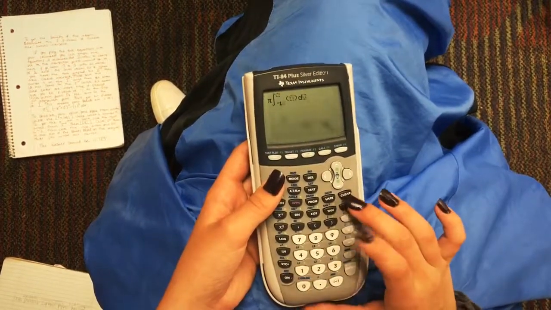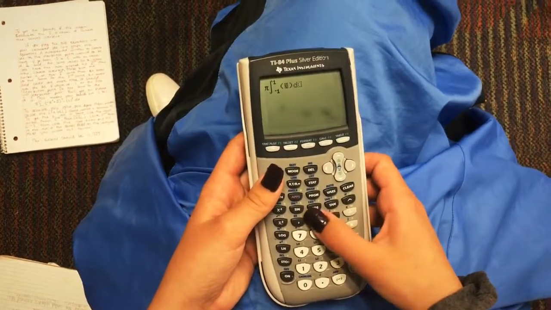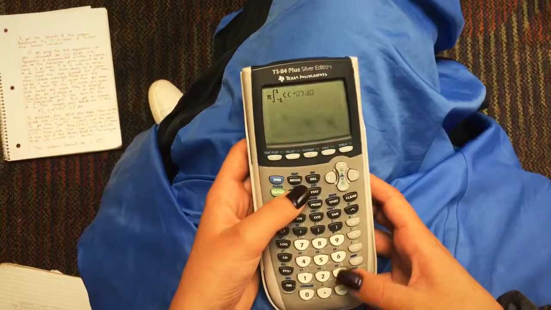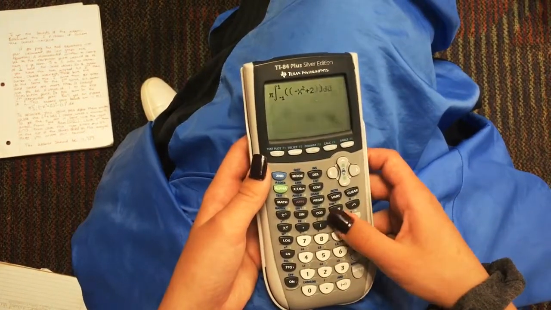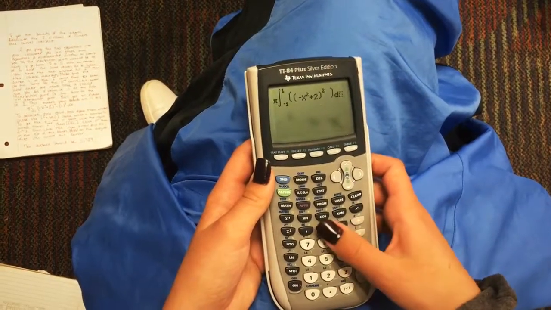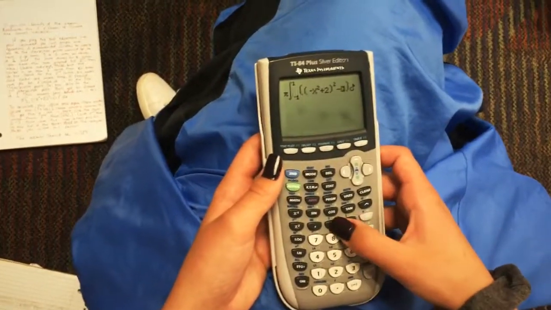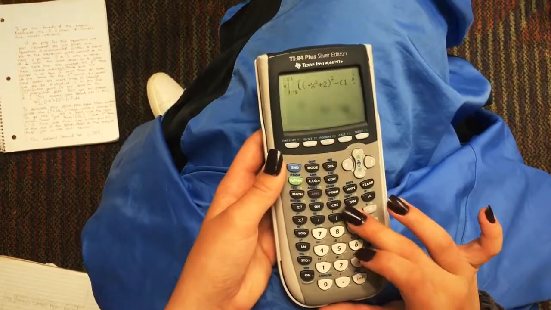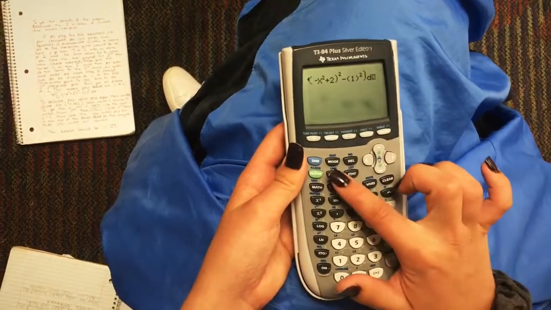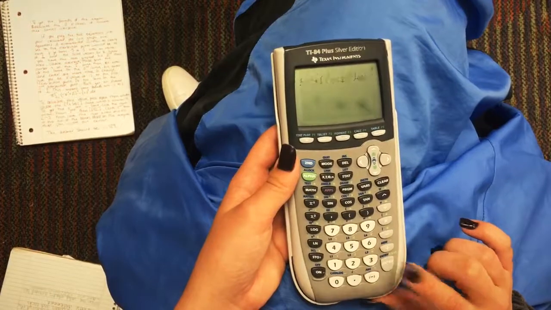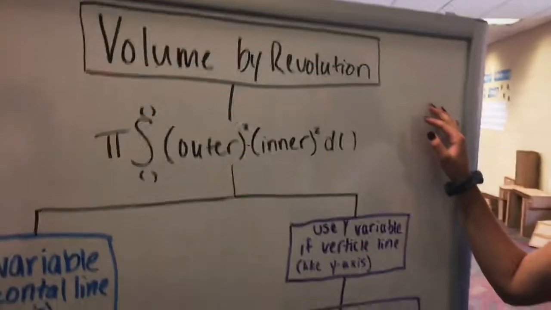So negative 1 would go here, 1 would go there, and then you'd create a parenthesis for the first equation, negative x squared plus 2, then you'd close it, make it squared, add the negative sign for subtraction, then you'd add the second equation in, and then make it dx, and then you hit enter. And your answer should be 11.